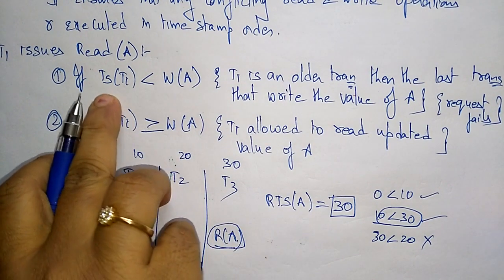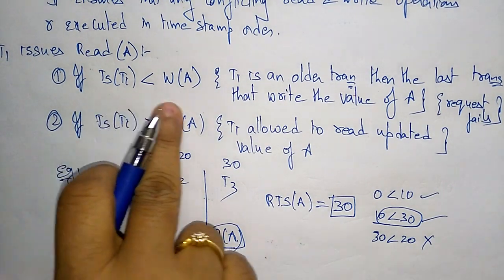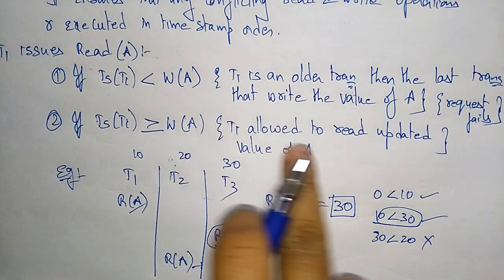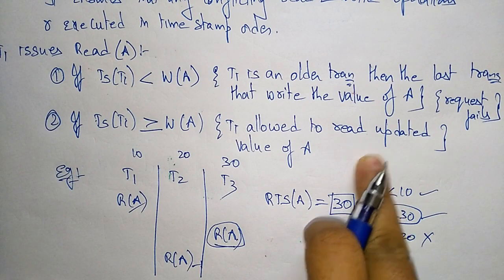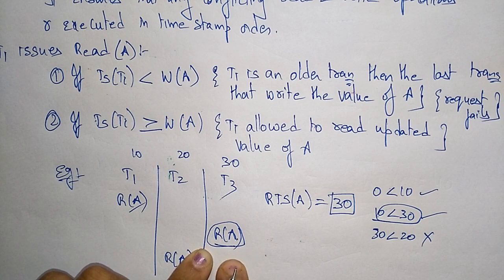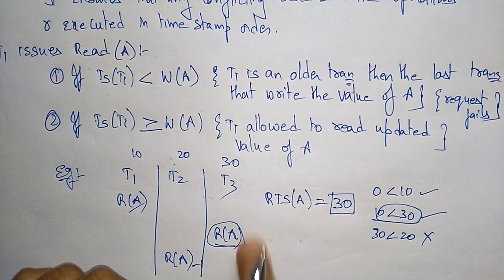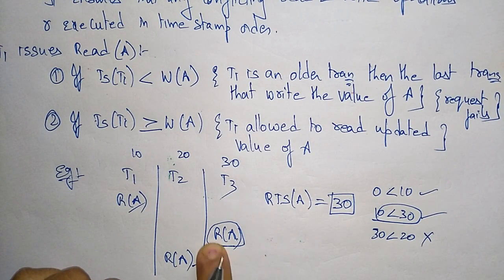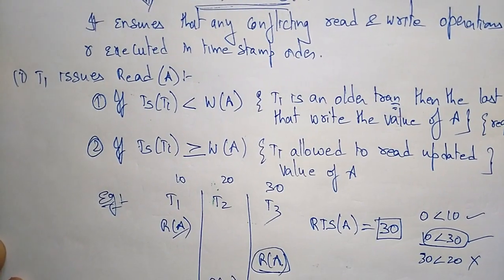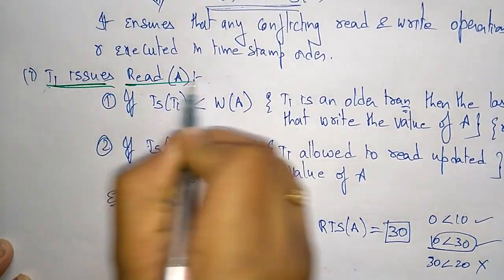Here the timestamp of Ti is less than write of A, and if the timestamp of Ti is greater than write of A, then Ti is allowed to read the updated value of A. That updated value, 30, is assigned to the read transaction of A. This is the first issue, Ti issues read of A.